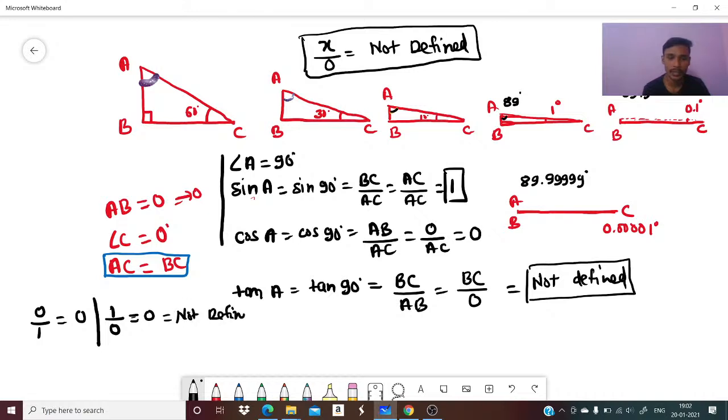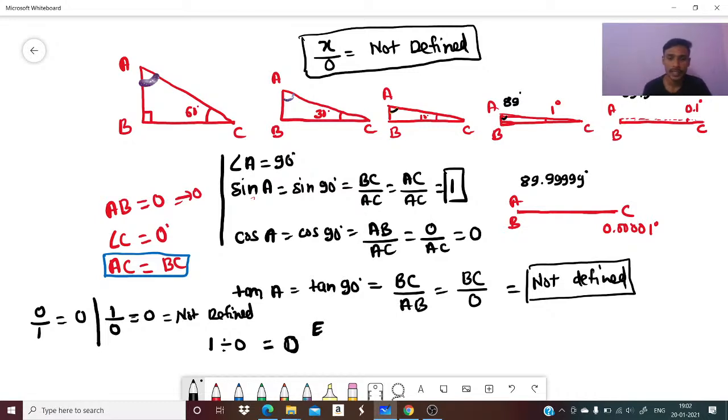And he asked me to do this calculation on the calculator. So I did it there. I first wrote 1, then divided it by 0. It showed 0, but on the corner of the calculator it was written E. You can check that if you divide 1 by 0 on the calculator, the answer will show as 0, but there will be an E on the corner of the calculator.